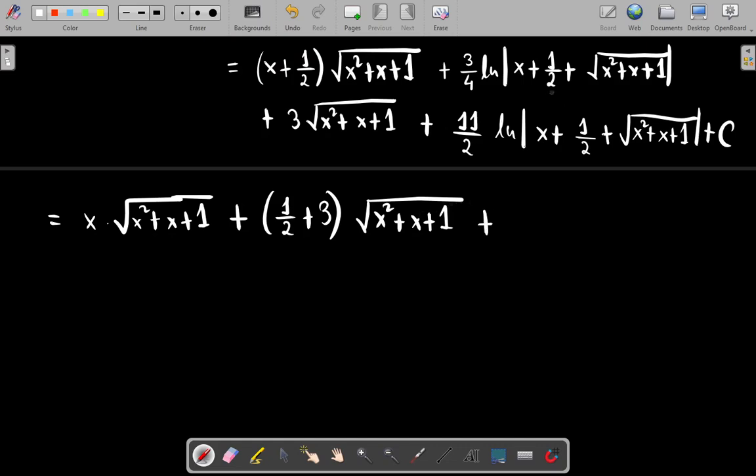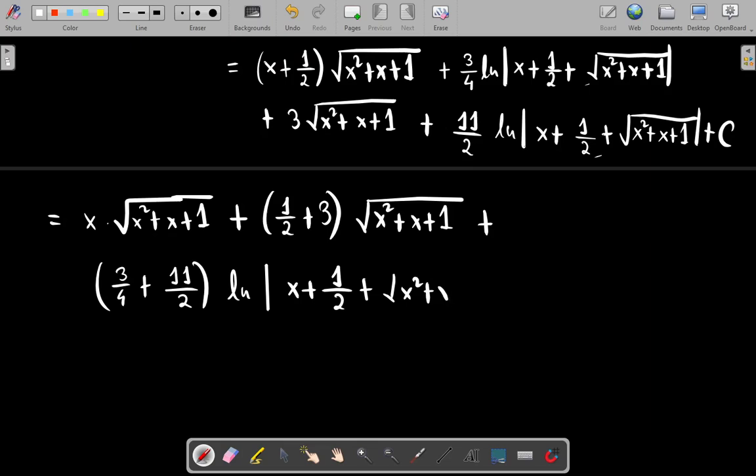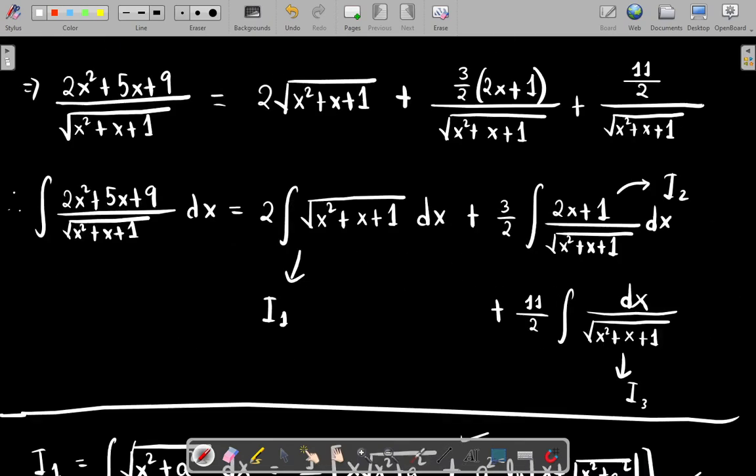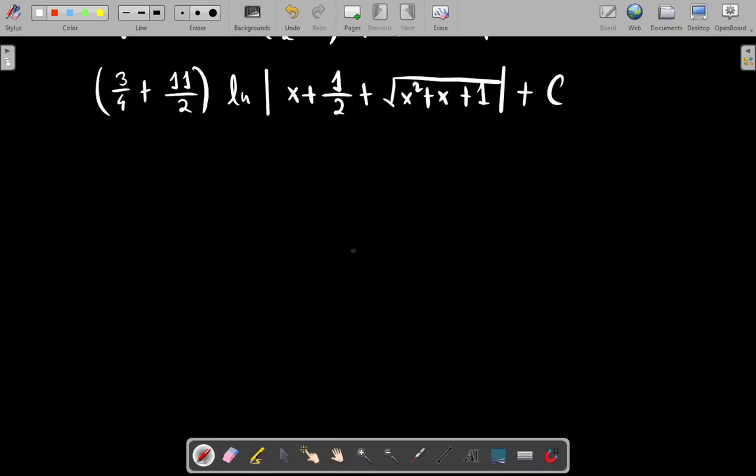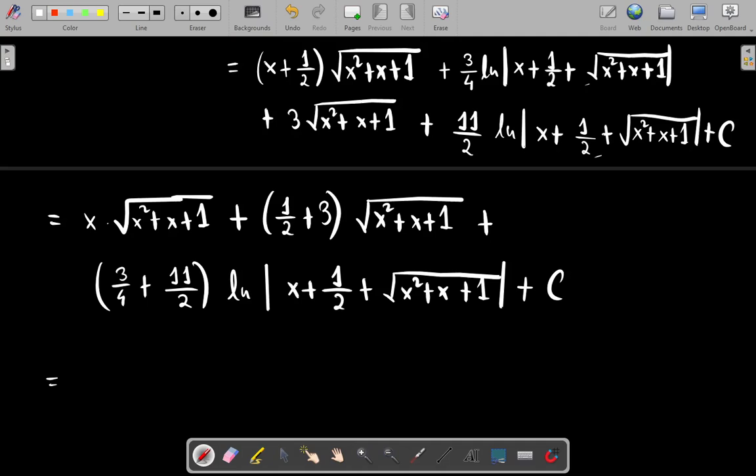And then the part inside the logarithm is common for this and this, so I can just combine them together. So this becomes 3 by 4 plus 11 by 2 times logarithm of x plus half plus square root of x square plus x plus 1, plus c. I think it is completed now. I believe we have achieved the format of the given integral.